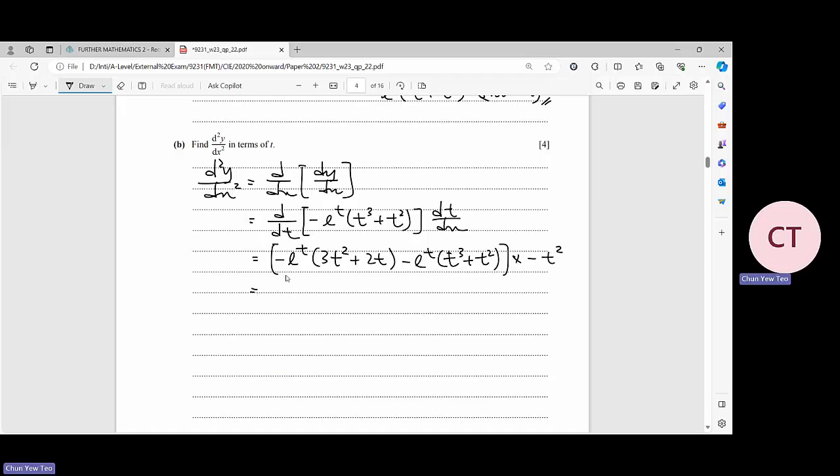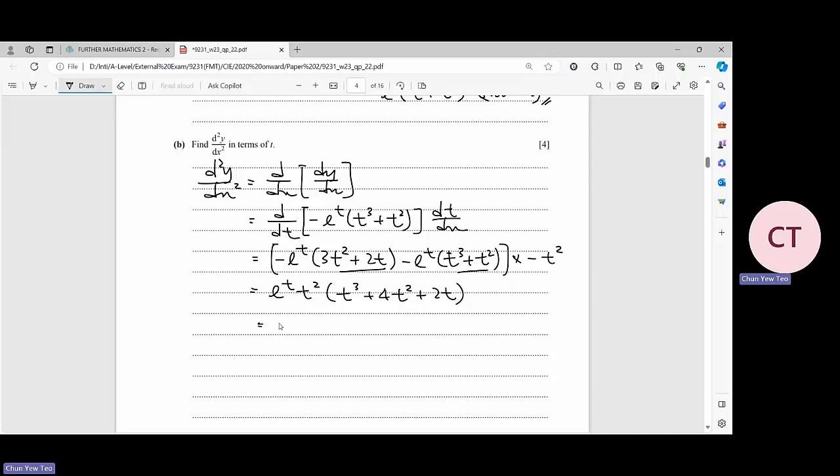Expand. You can see that the negative and the negative can be factorized out. The e^t and the e^t can also be factorized out. So you will get e^t t², and inside, just join together, you will get t³ + 4t² + 2t.